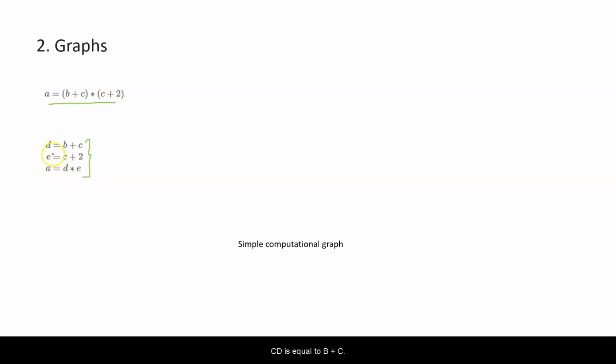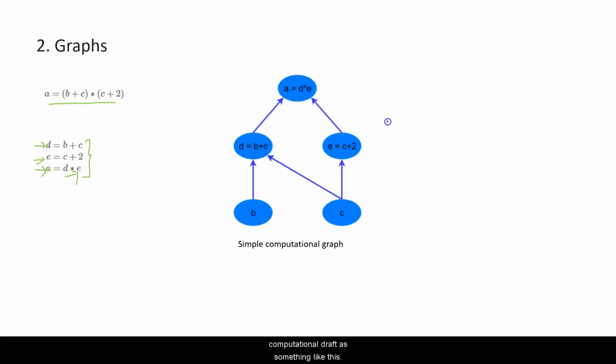Say D = B + C, E = C + 2, and finally A = D * E. And we can represent these operations as a simple computational graph, something like this.